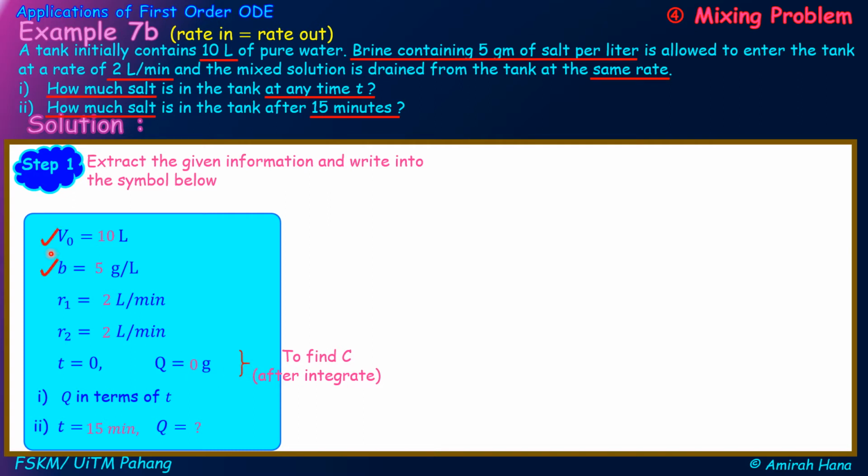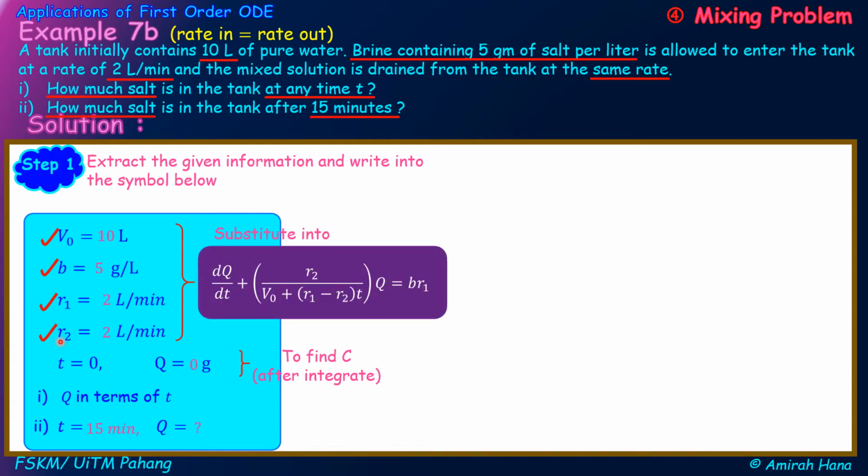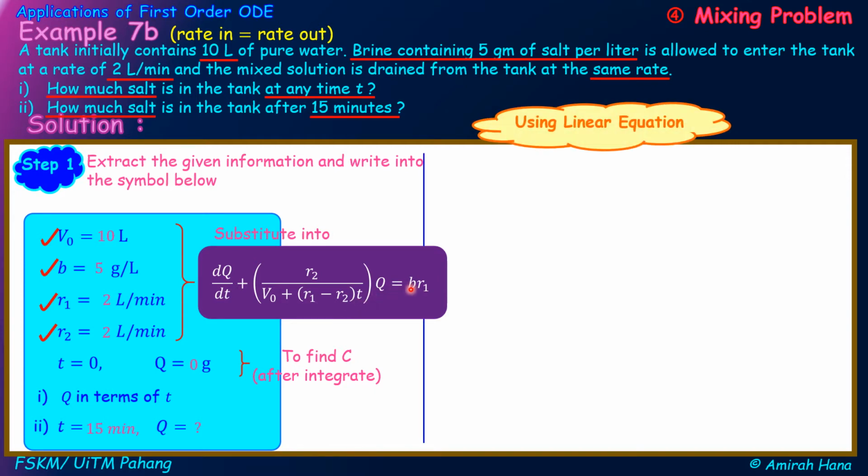After that, we substitute V0, B, R1, and R2 into this formula: dQ over dt plus R2 over V0 plus R1 minus R2 times t, times Q, equals B R1. So using linear equation, we continue with step 2.